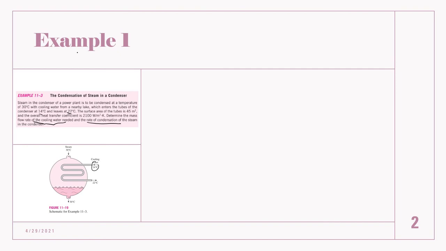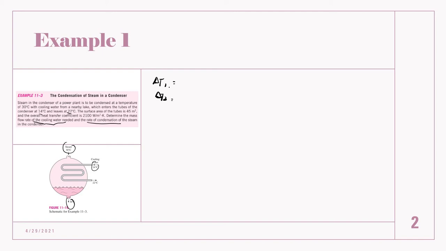First thing first, we need to calculate the temperature difference, delta T1 and delta T2. Basically for this condenser, the temperature of the steam at the inlet and outlet is the same, so we consider this a counter flow heat exchanger.